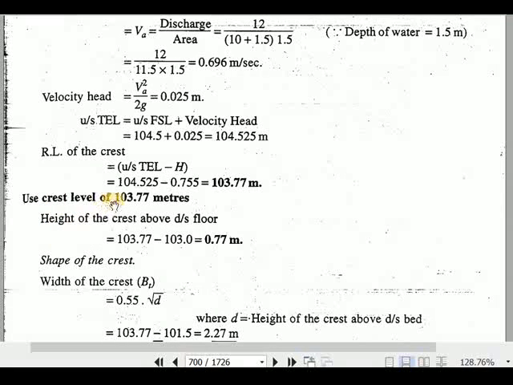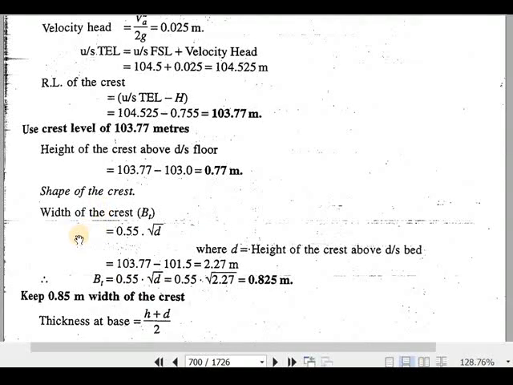Now we use crest level of 103.77 meter, height of crest above downstream floor. So downstream floor is 101.5, and that is 2.27. So that is the height of crest above the downstream floor. Now shape of crest, width of crest is BT is equal to 0.55 into square root of D. So we have D, that is equal to 2.27 meter.